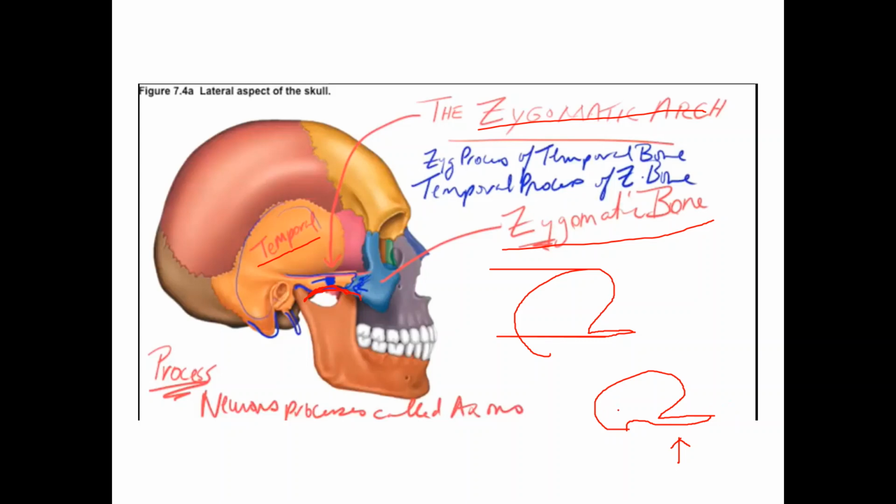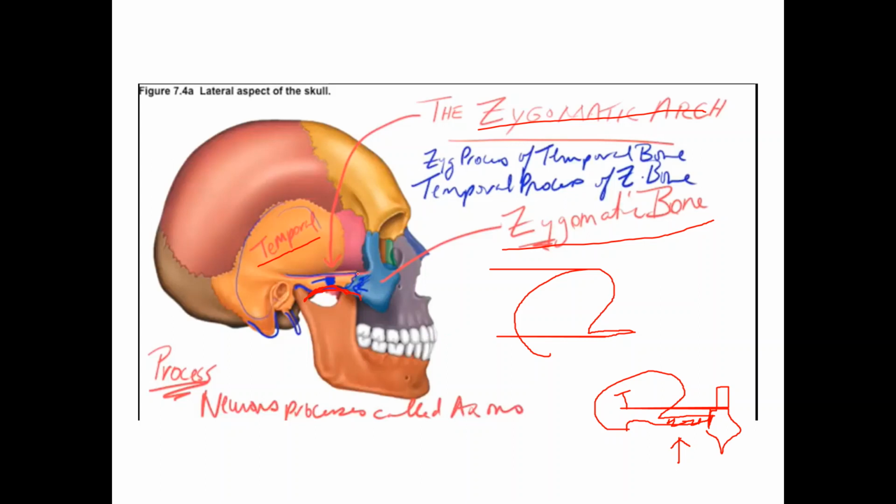So if this is the temporal bone, and this process articulates with the zygomatic bone, this process will be the zygomatic process of the temporal bone, because it will articulate with the zygomatic bone.